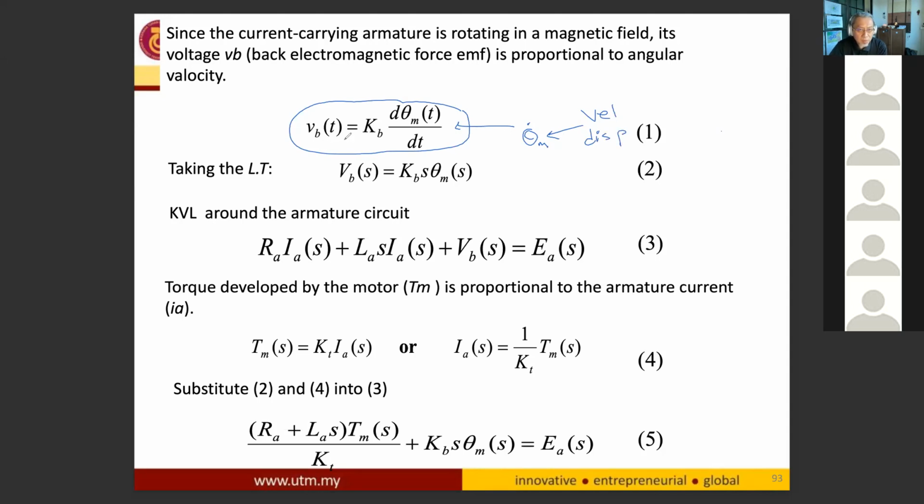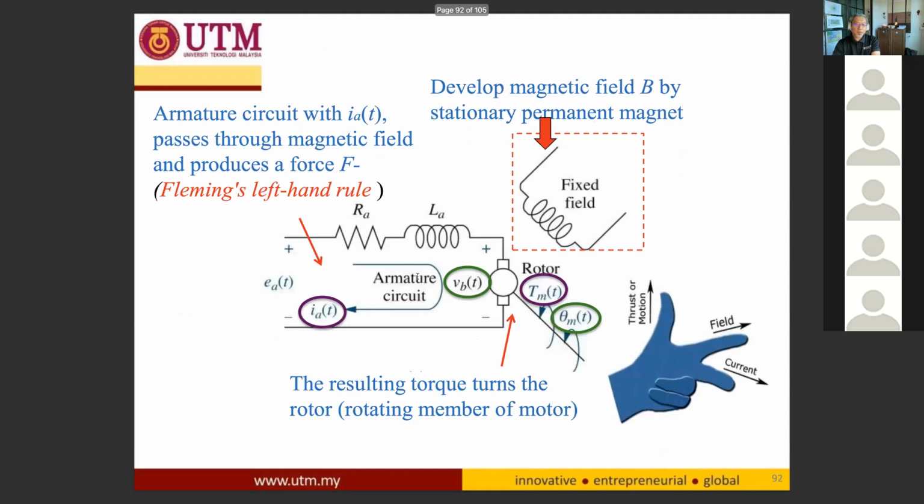Then taking the Laplace transform on the left and on the right of equation 1, we will get VB(s) is equal to KB s theta M(s). Equation 2. Then by applying Kirchhoff voltage law in the armature circuit, which is here, so this is the armature circuit.